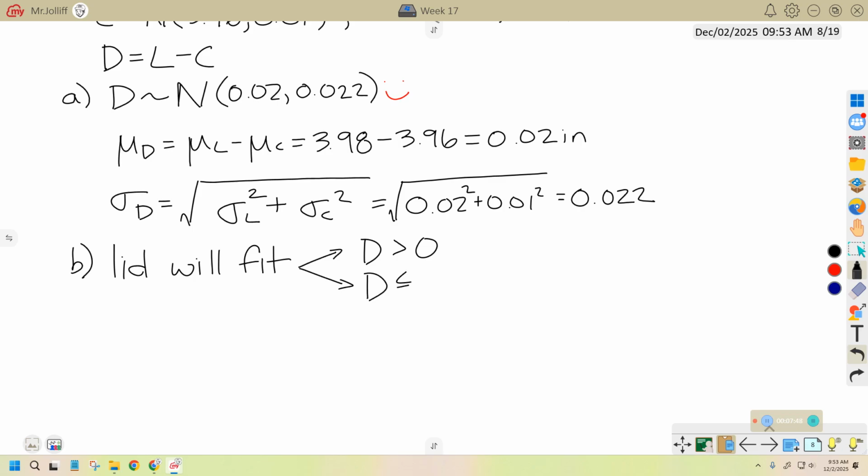So D should be less than or equal to 0.06 inches. Good. So those are forming the boundaries for my probability. Because they're asking, what's the probability that it will fit? So probability that it will fit, I'm looking for D to be between 0 and 0.06.